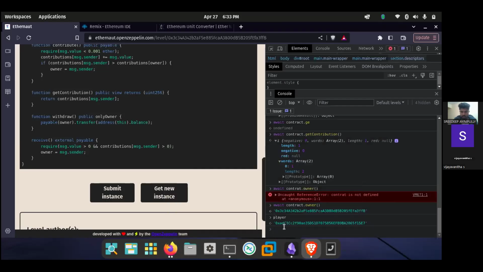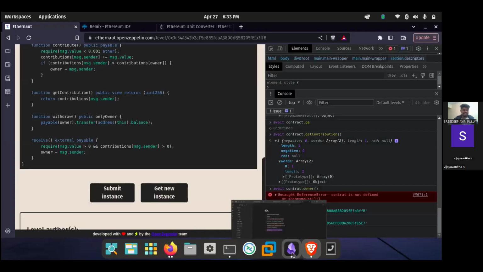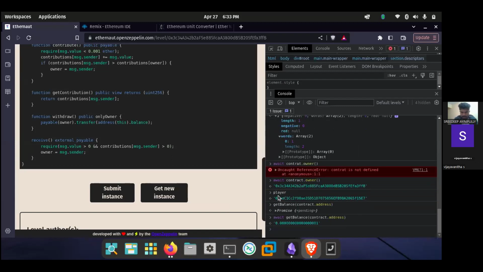Whenever you execute a command, your voice becomes feeble. Yes, that is because I'm doing these things on the actual blockchain, so it might take some extra time to process it. Get balance, contract address. So we have contributed this.